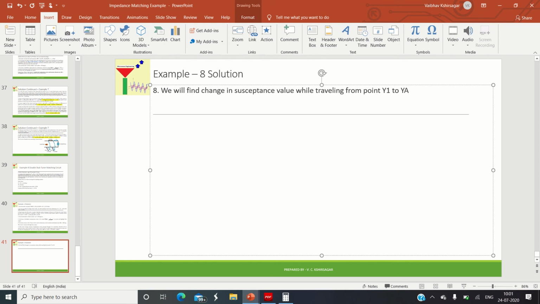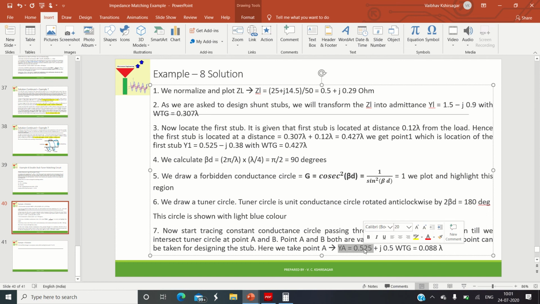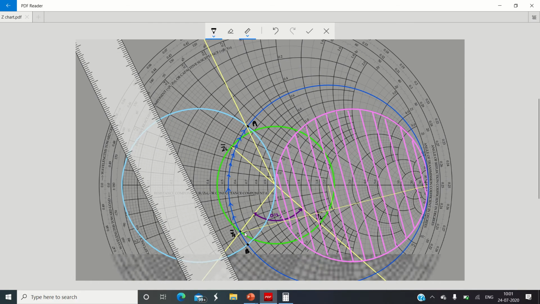Okay, so what is that change in the susceptance? Because please remember that the ya point has the same real part as that of y1. So we started from y1 and we came to ya. If you notice on the Smith chart, we were over here at y1, which is at stub number 1. Now that stub number 1 is transformed to position A, and it is on the same conductance circle, so it will only change the susceptance.